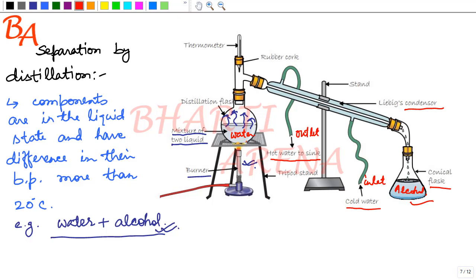Thus water and alcohol are separated by the distillation method. One thing we have to remember here is that the distillation method is used only when the difference between the boiling points of the components is more than 20 degrees Celsius.